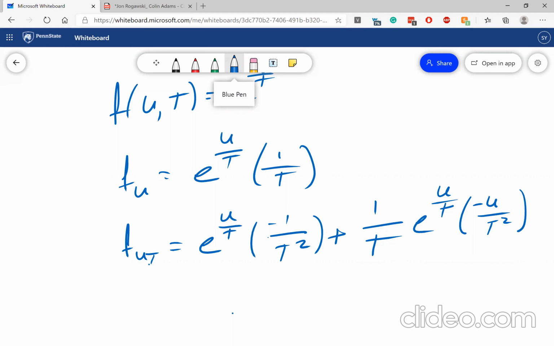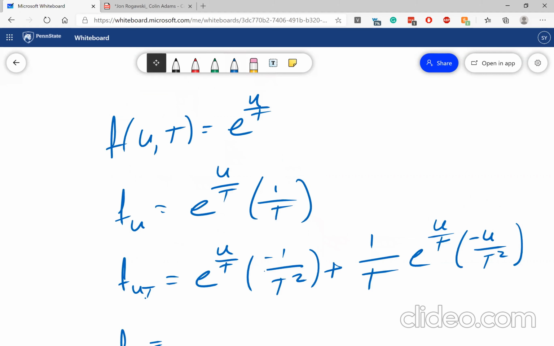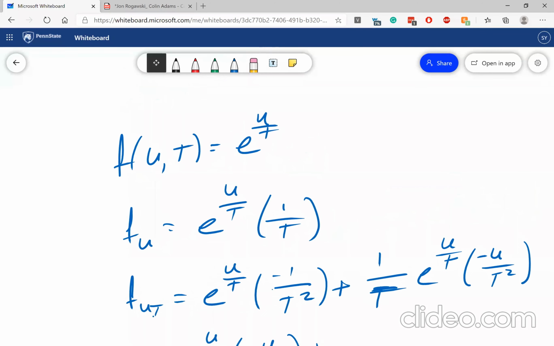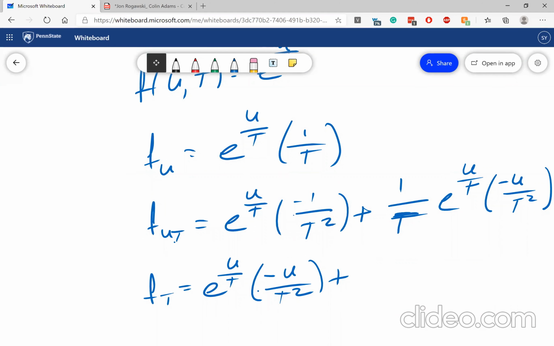Okay, so then the partial of this with respect to t is going to be e to the u over t times the derivative of this thing, which is going to be negative u over t squared. Yeah, so that's that.